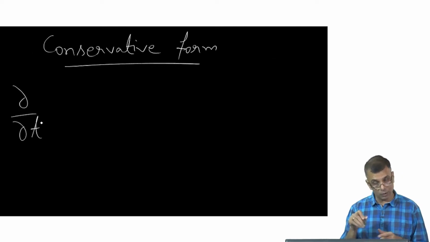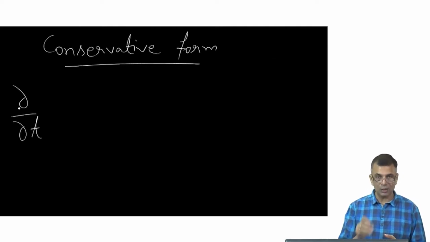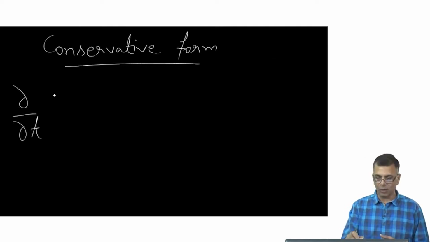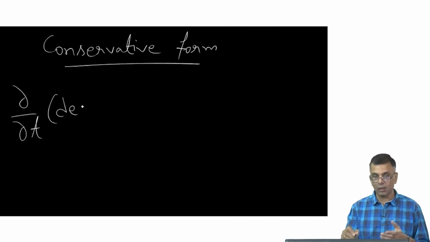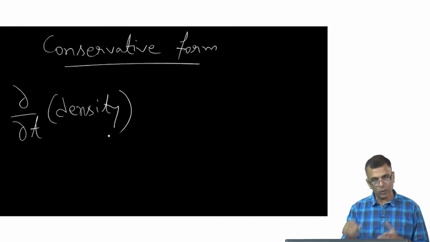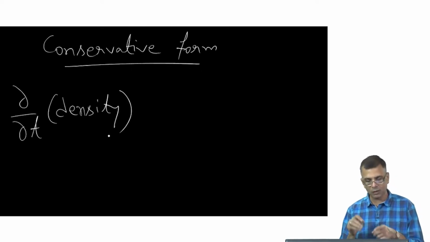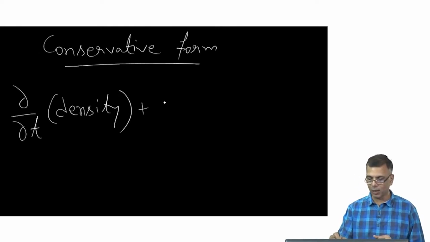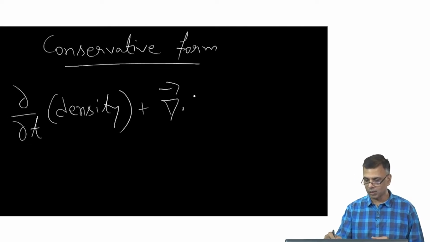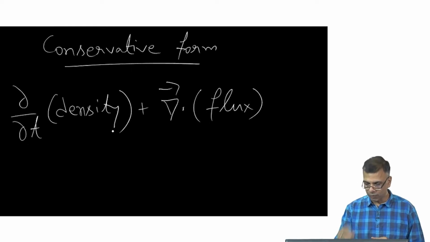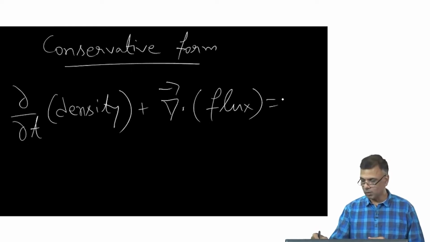the partial time derivative, which means that the moment you see these kinds of partial time derivatives, you are in the lab frame, right, of the density of whatever quantity you're talking about. If you're talking about mass conservation, it's mass density, plus divergence of the flux of this quantity is equal to 0.